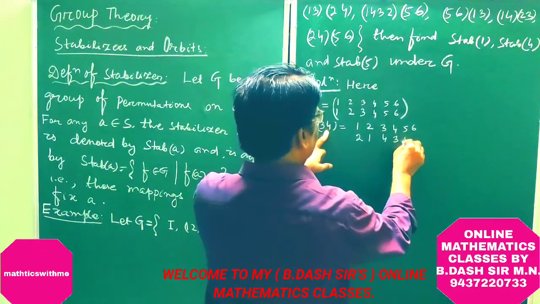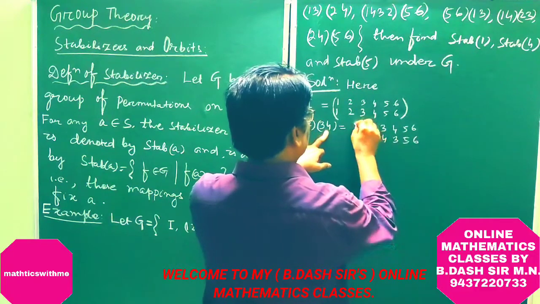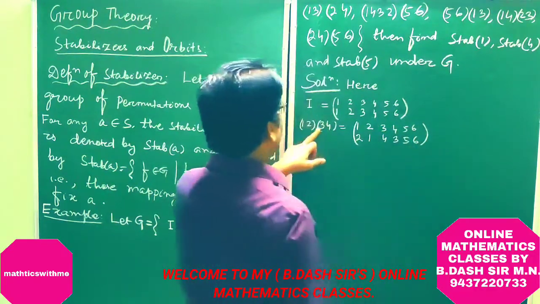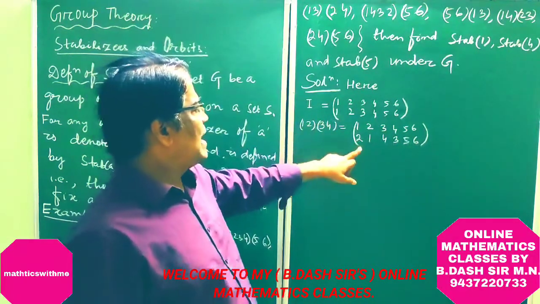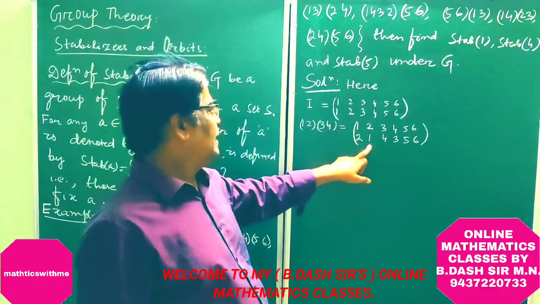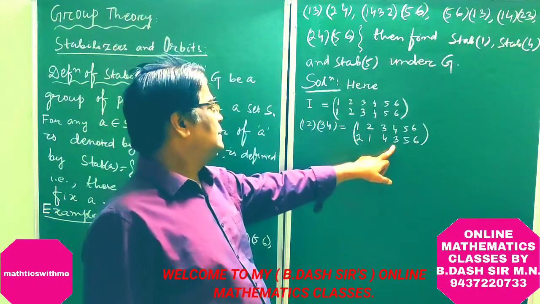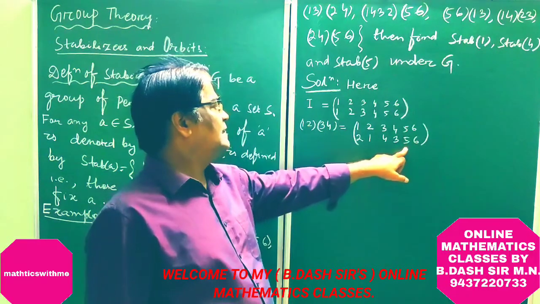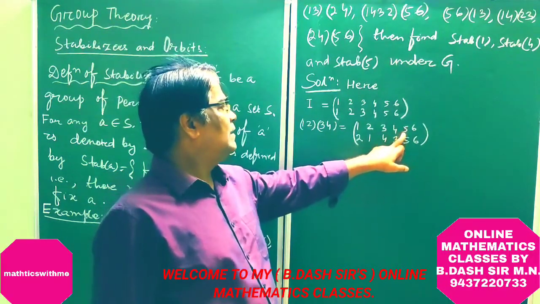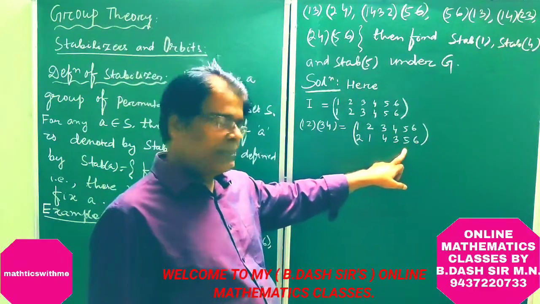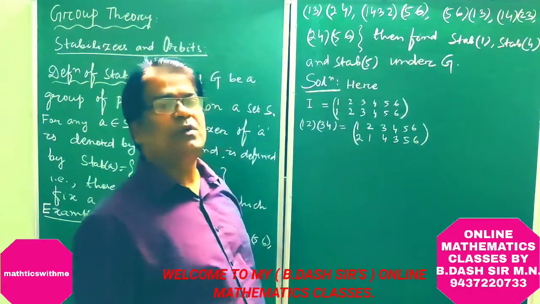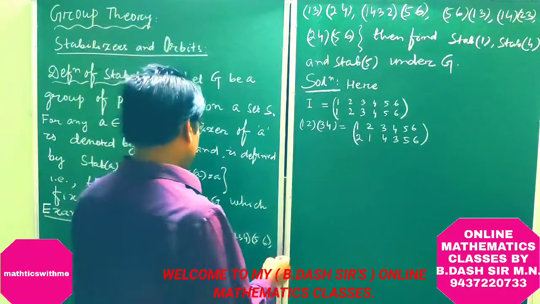Then 5 goes to 5, 6 goes to 6. Here (1 2) means 1 related to 2, 2 related to 1. (3 4) means 3 related to 4, 4 related to 3. And 5 will be related to 5 itself, 6 will be related to 6 itself.